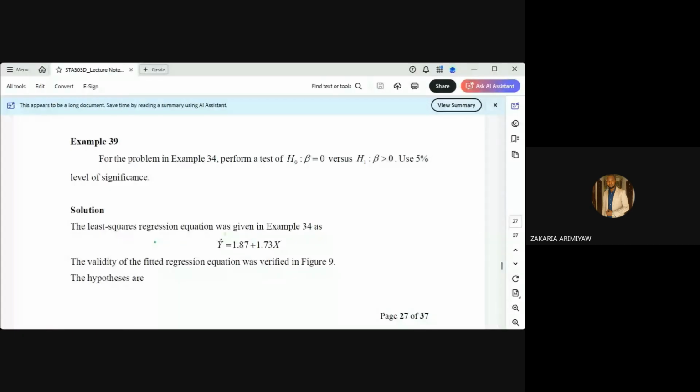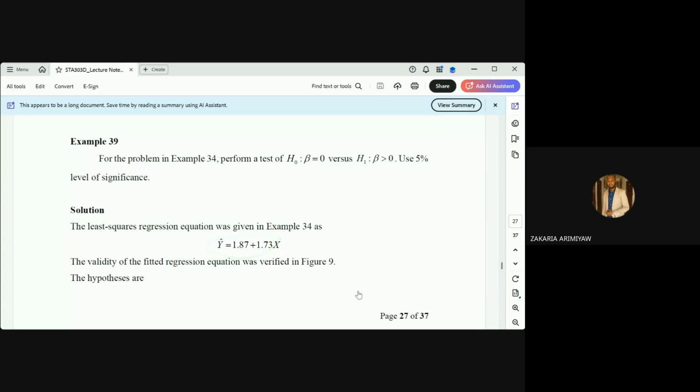Once we are given the regression equation, we carry on with the rest of the steps. This step requires that after you have estimated the model, you also check its fitness, whether it fits the data or not. That has already been established through the residual analysis. We found the regression model to fit the data.